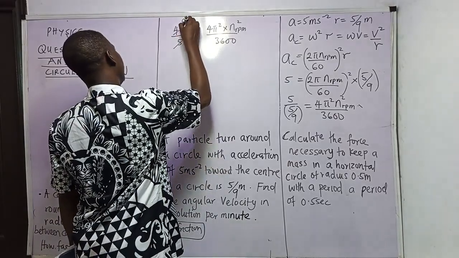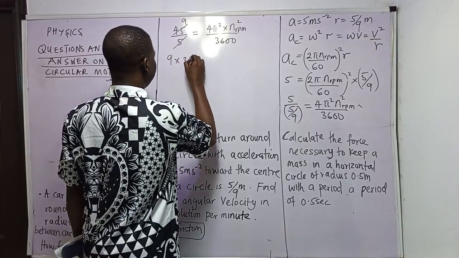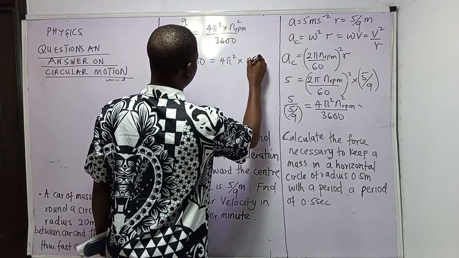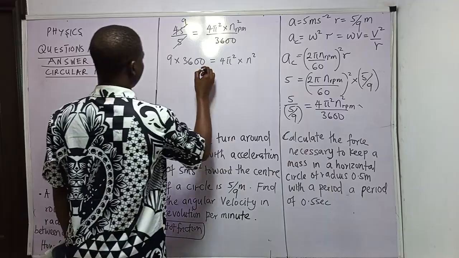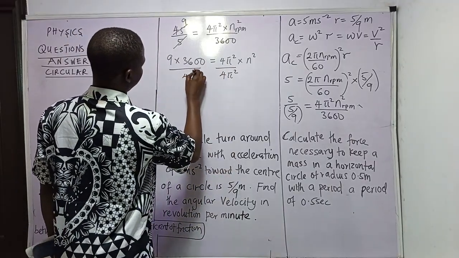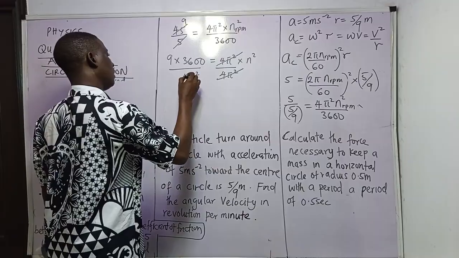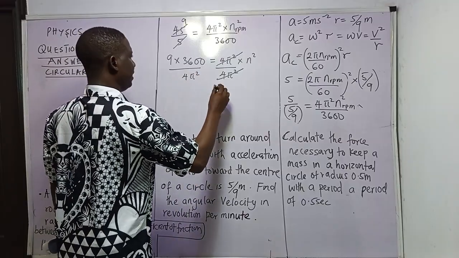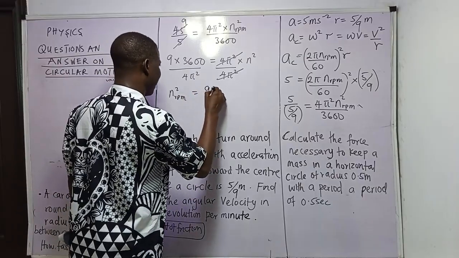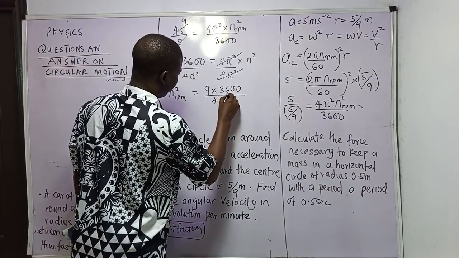This cancels, so we have 9 times 3,600 equals 4 pi square times n square. We divide by 4 pi square. So n square in rev per minute will now be equal to 9 times 3,600 over 4 pi square.